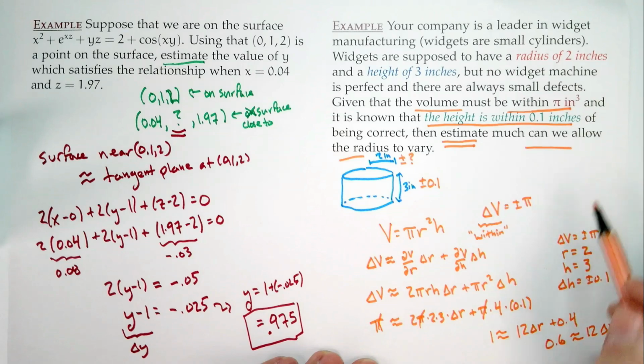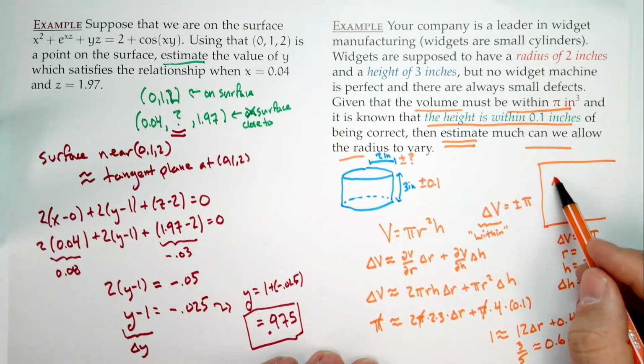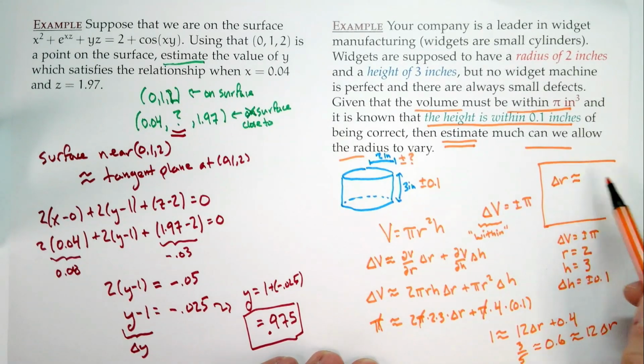Oh, we're running out of space downstairs, so we're going to come and finish it up in this little box here. Now, 6 isn't just any number. That's actually an easy number to work with. So 6/10 or 3/5. So we get that delta r is going to be approximately 1/12 of 3/5.